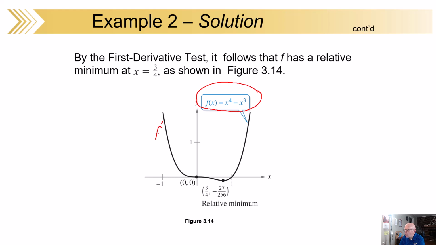When it starts going upward again, when it goes from decreasing to increasing, that's our first derivative test at work, and we know we have a relative minimum. If we were going from increasing to decreasing, we'd still have a relative extrema, but it would be a maximum.